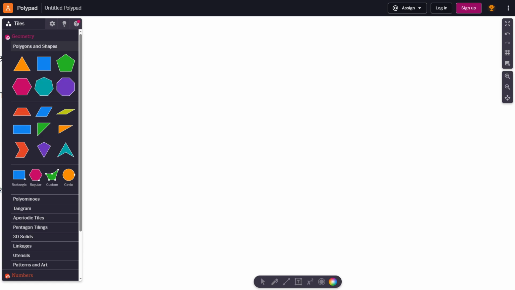Since we measured it, it's 2 and 1. We'd calculate the area by going area of a rectangle equals base times height, which then equals 2 times 1, which then equals 2 centimeters squared.